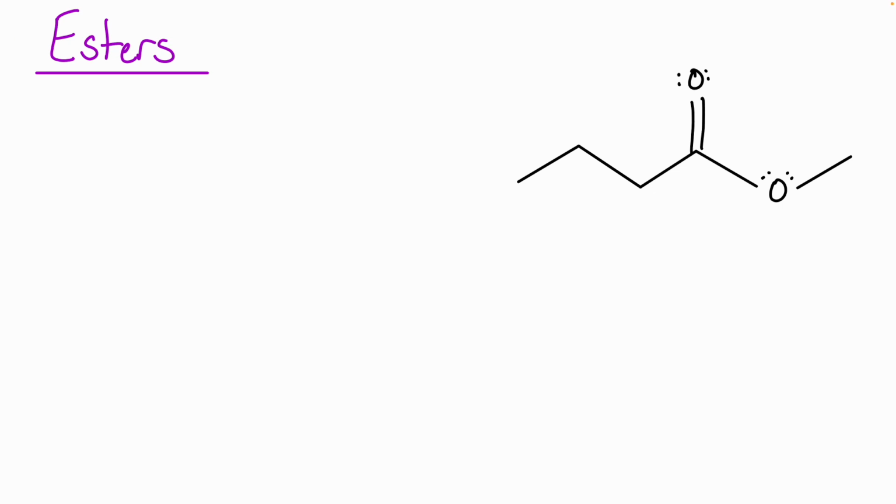We had a similar sort of situation with ethers, and with ethers we said that we were going to cut and see which half is bigger. We don't do that with esters. Esters, you always know what side is your parent chain. It might be bigger, it might be smaller, but it has to be the fragment that contains that carbonyl carbon.